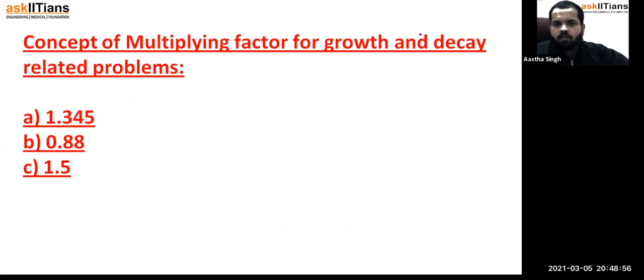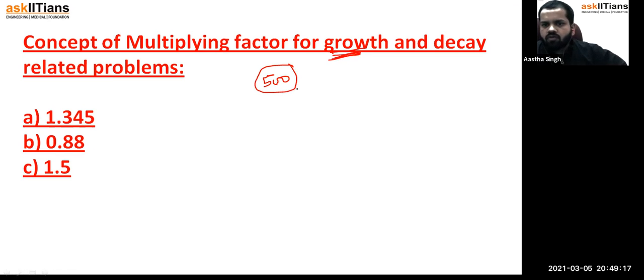So the concept of multiplying factor for growth and decay related problems.